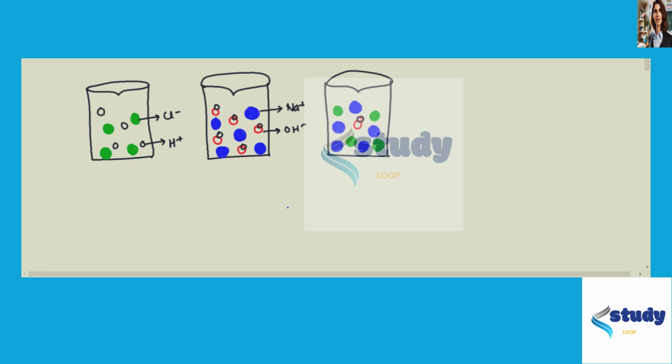So what we can do here, this is beaker 1, which contains a solution of HCl, and here is beaker 2.